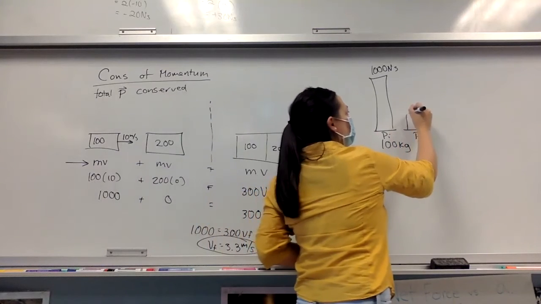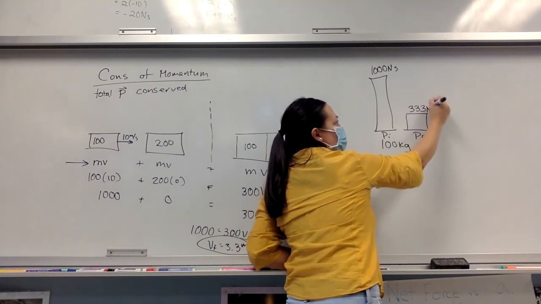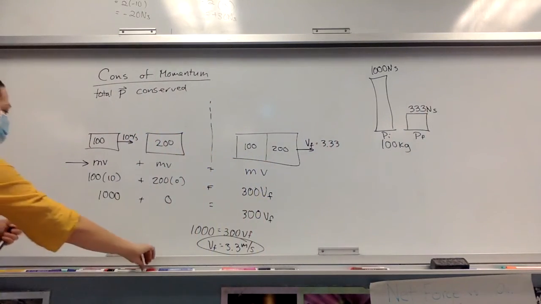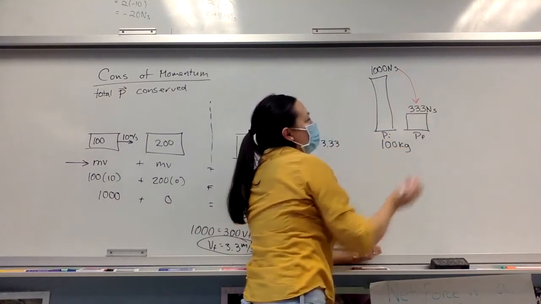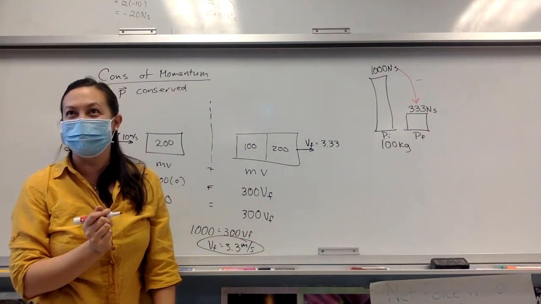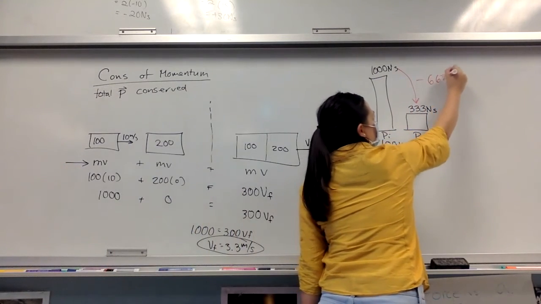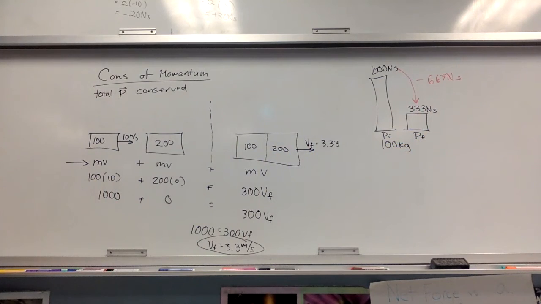So this thing lost momentum. It would only have 333 Newton seconds of momentum. The 100 kilogram cart loses momentum. It loses something like, what is that, 670 something? 667. It loses momentum, so it has a negative impulse.